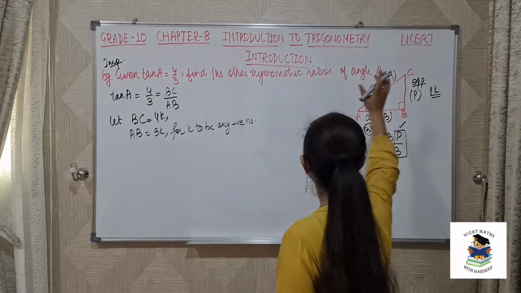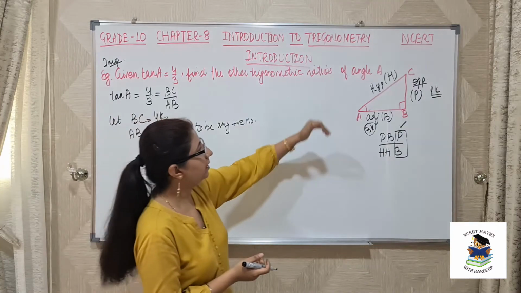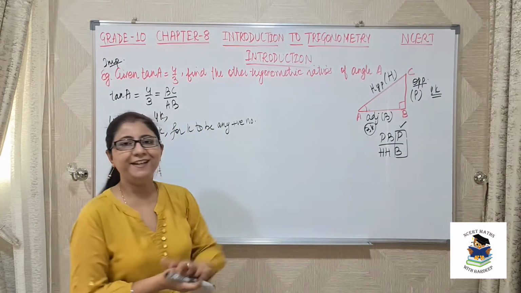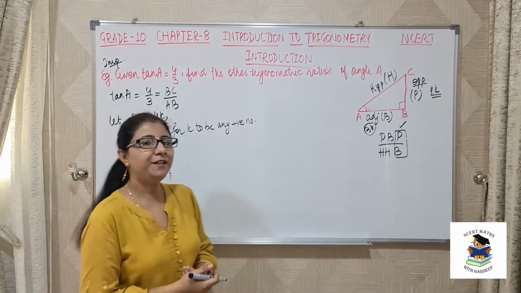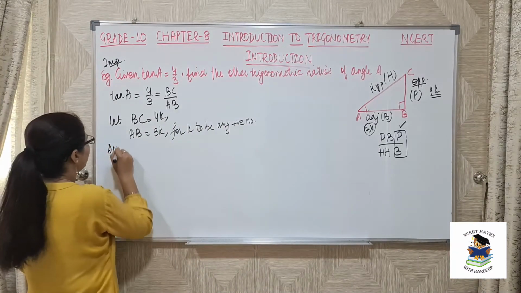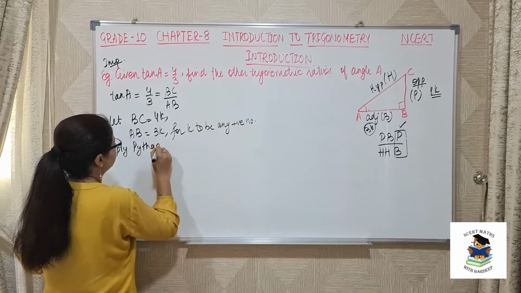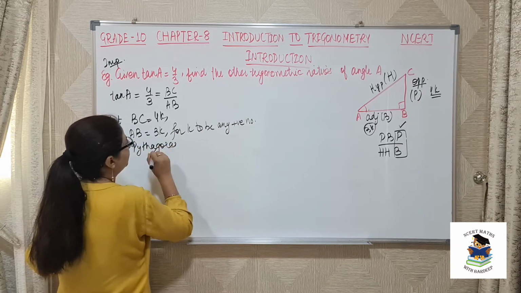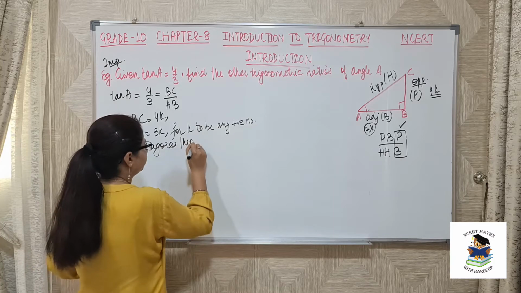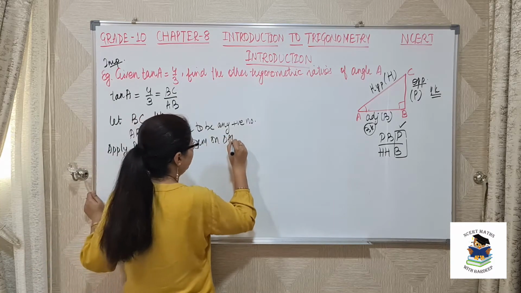So first of all we should find the length of all the sides of the triangle. We have AB, we have BC, we should find AC. How to find? Using Pythagoras theorem. So apply Pythagoras theorem on triangle ABC.